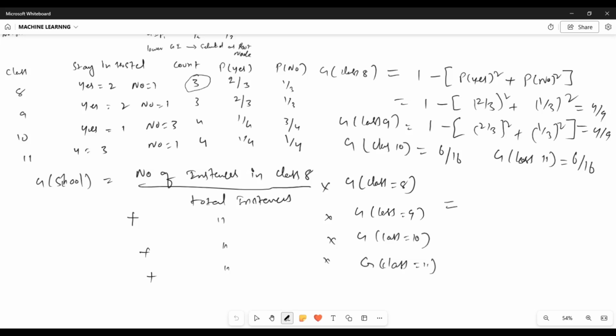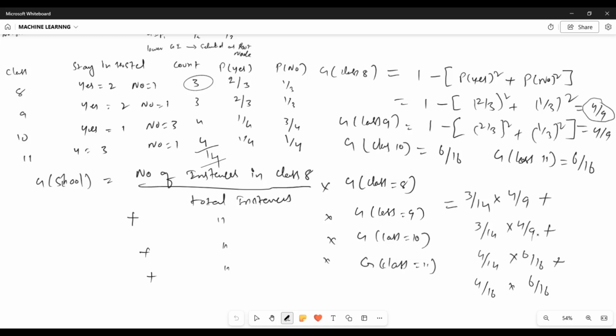The total count is 3. And what will be the total instances? The entire total is 14. So what we get here is 3 by 14 into 4 by 9 for class 8, plus 3 by 14 into 4 by 9, plus 4 by 14 into 6 by 16, plus 4 by 14 into 6 by 16.